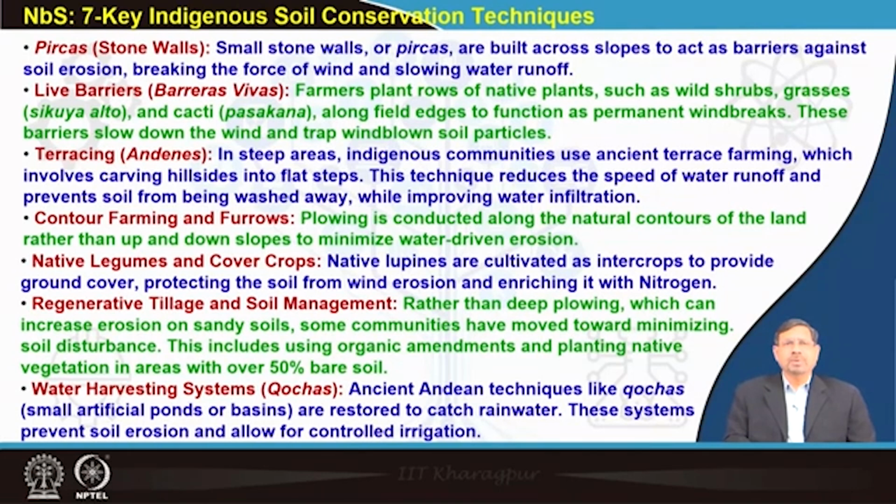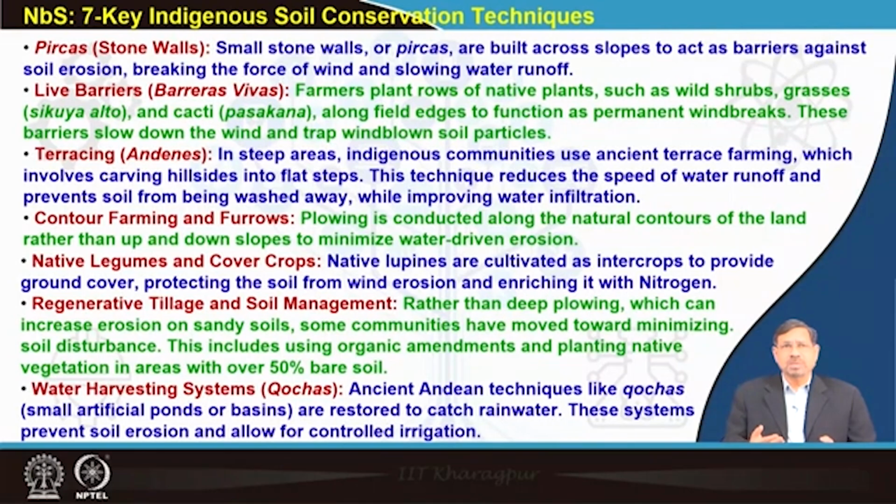The fourth one is contour farming and furrows. Plowing is conducted along the natural contours of the land rather than up and down slopes. If we do it along the natural contours, it will minimize water-driven erosion.